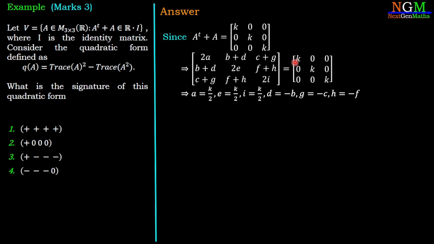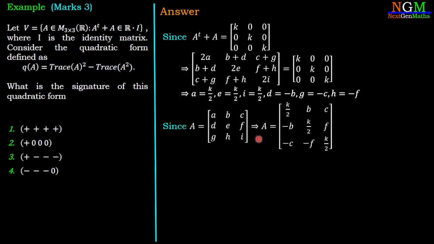Then we have b plus d equal to 0, so d equal to minus b. c plus g equal to 0, therefore g equal to minus c, and f plus h equal to 0, therefore h equal to minus f. Now substitute all these values in matrix A, so A equals K by 2, b, c; minus b, K by 2, f; minus c, minus f, K by 2. So this is matrix A.